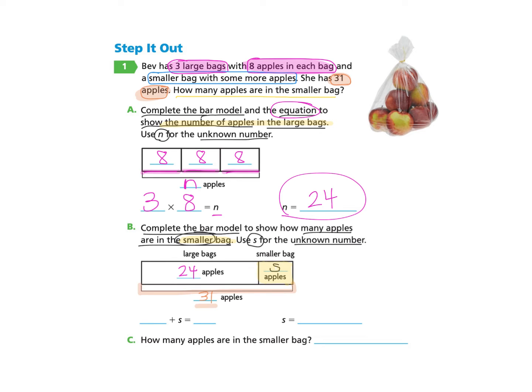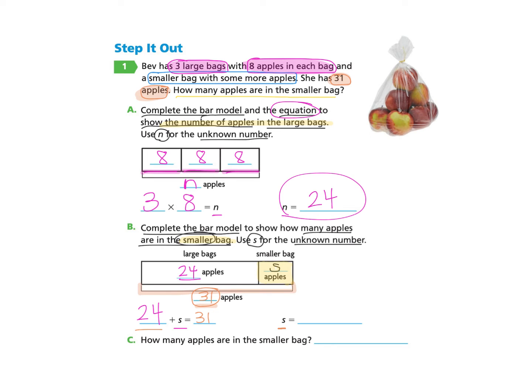All right, so we're going to write the 24 here because we're adding 24 plus the S. And when we do that, we know that we will have 31 apples because that's our total. So now we need to find S. And so you can either take 24 and count on 25, 26, 27, 28, 29, 30, 31. You can count on that way.